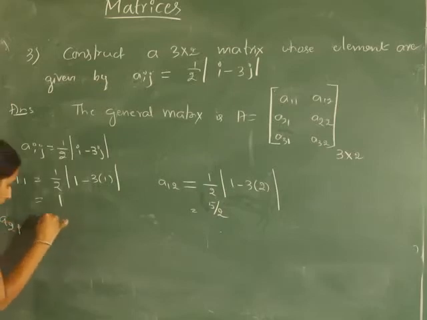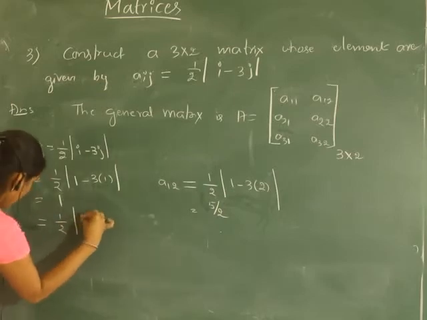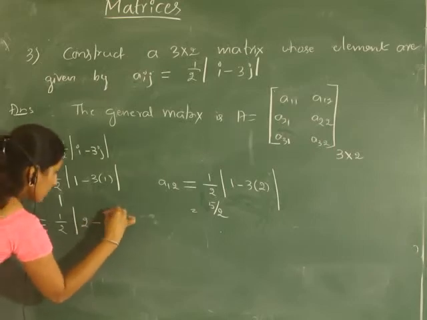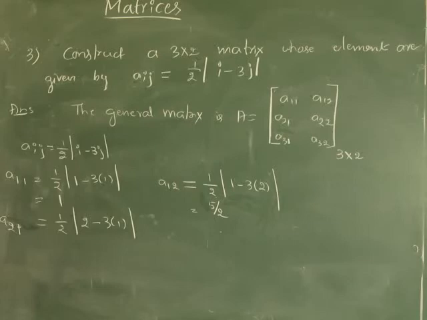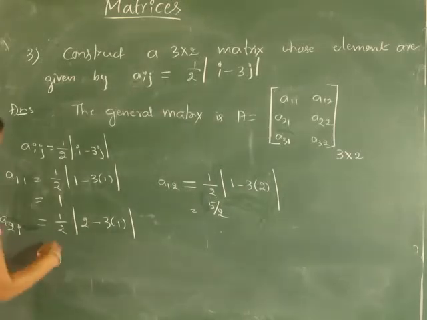Next, a21 will be half into modulus of 2 minus 3 into 1. 2 minus 3 is minus 1, the modulus is 1, so it will be half.